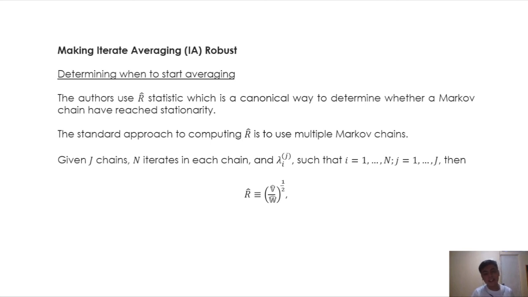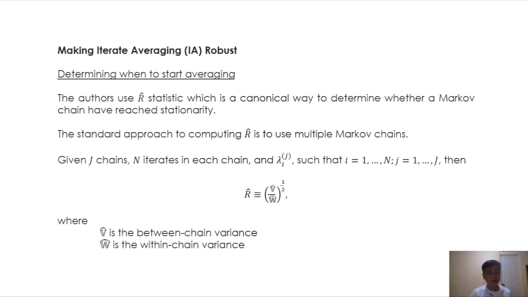So given J chains, n iterates in each chain, and lambda ij such that i is from 1 to n and j is from 1 to J, then our R hat diagnostic, or statistic, is given by the following expression. And here, our V hat is the between chain variance, and the W hat is the within chain variance.